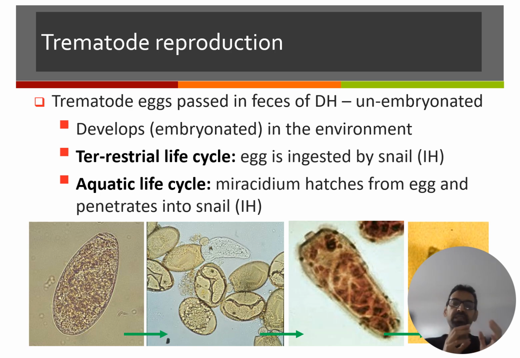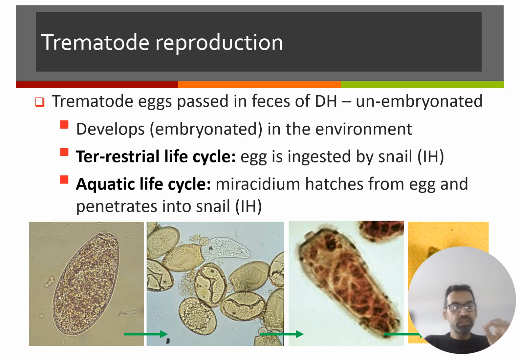Trematode eggs are passed into the feces of the definitive host, and normally these are unembryonated eggs. They further develop into the embryonic form in the environment. There are a number of different stages in the trematode life cycle, which will be discussed in detail in class activities.